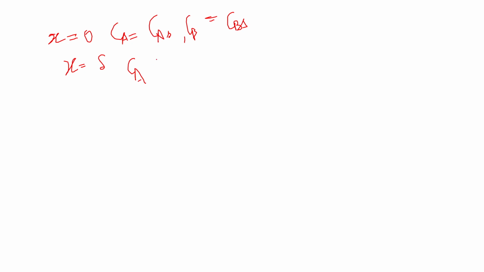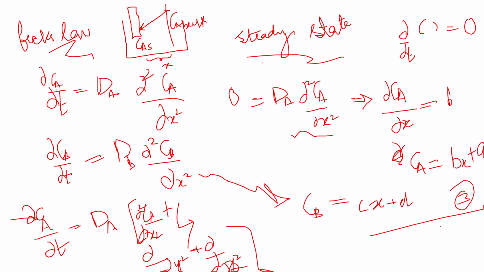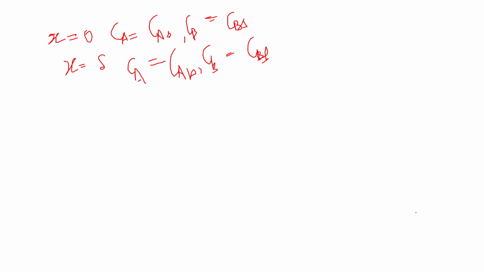At x equal to delta, you will have CA equal to CA bulk, obviously, because that's the other side, and CB equal to CB bulk. And I'm already having these equations: CA equal to A plus BX and CB equal to C plus DX. I'm substituting in that.